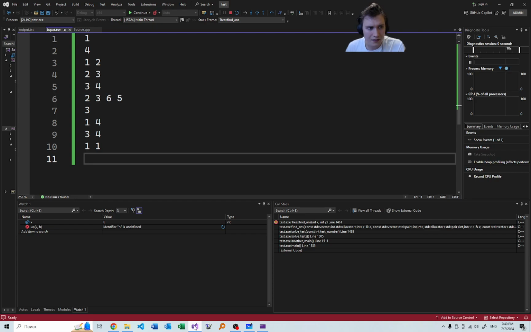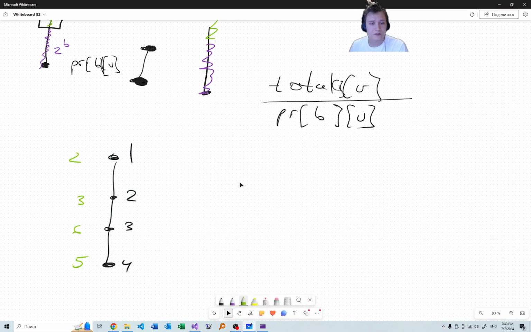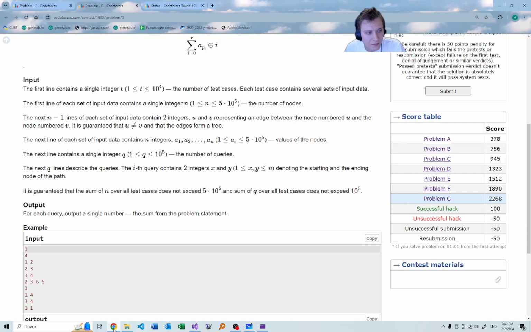And we have several queries. So first of them is 1, 4. I'm writing here 0, 1, 2, and 3. So I'm basically XORing it, and I'm getting 2, 2, 2, 6. Of course, it should be 14.